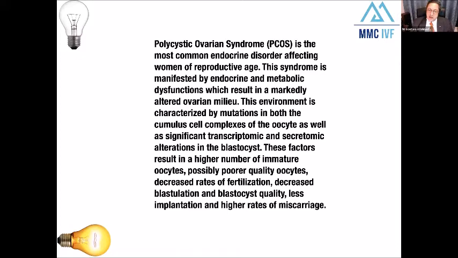These eggs, if they fertilize, sometimes get arrested on day 2 or day 3. Day 5 means blastocyst, or blastulation, and they don't go up to day 5. Many times the blastocyst quality is not very good. When you compare this to normoresponders or non-PCOS women, there is less implantation and higher rates of miscarriage.